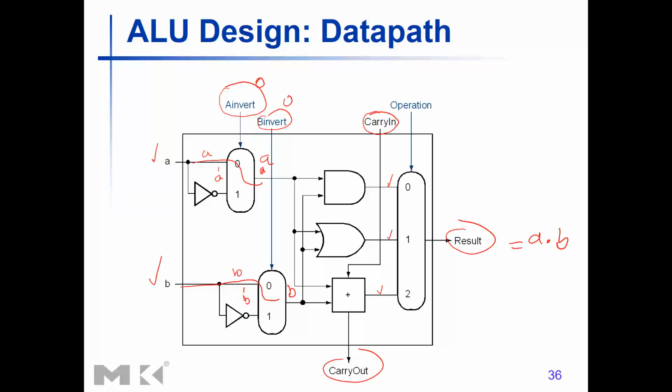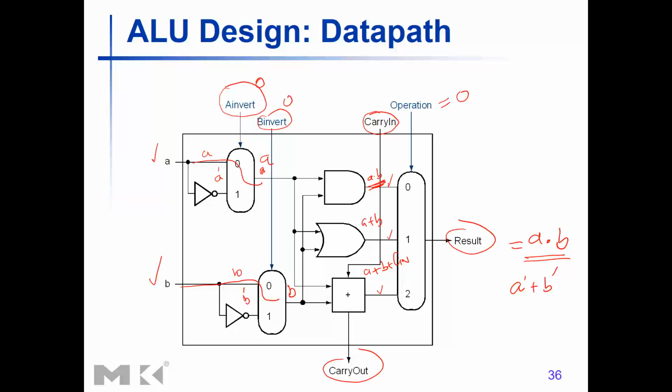And then here I have A and B, A or B, and A added with B plus the carry in. Obviously I need A and B, so this operation should be set to 0, and at the output I have A and B. What if I need, for example, A prime or B prime?